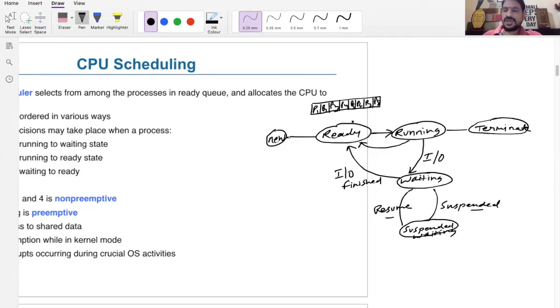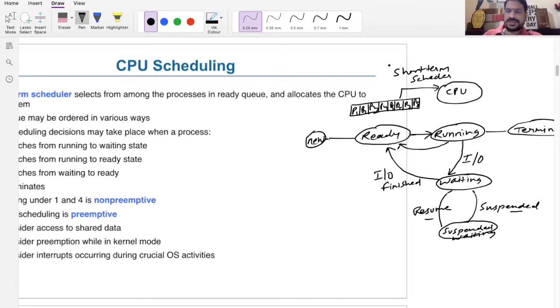Which process will be allocated the CPU will be decided by the short-term scheduler. The short-term scheduler is actually taking that particular decision.